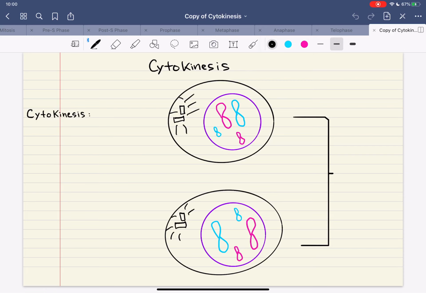We're done with cell division. And now we have 2 genetically identical daughter cells. And on the left, I'll define cytokinesis.